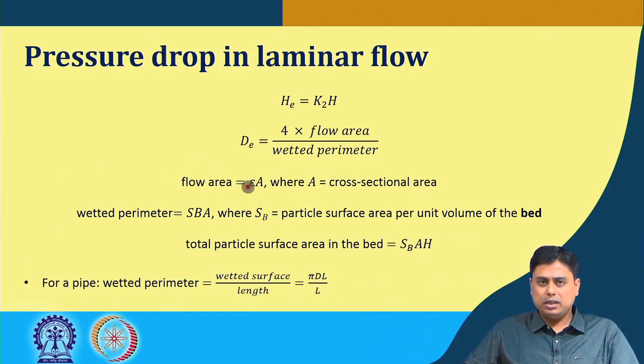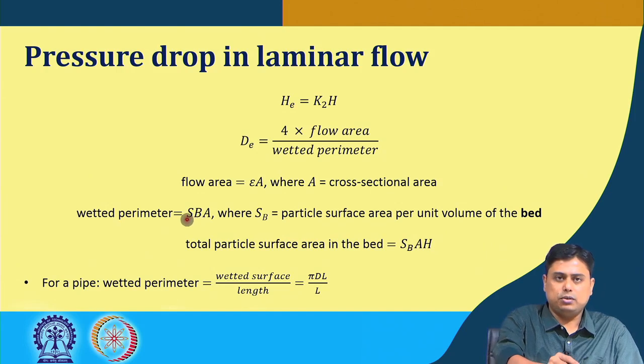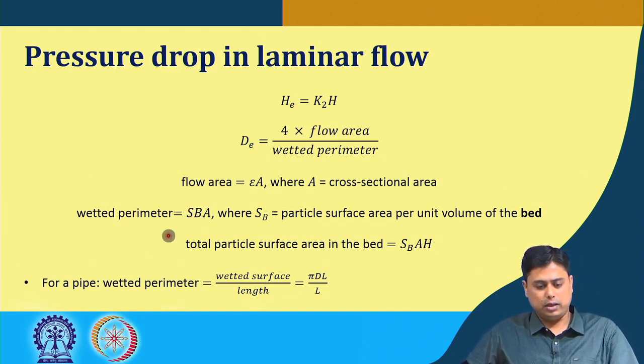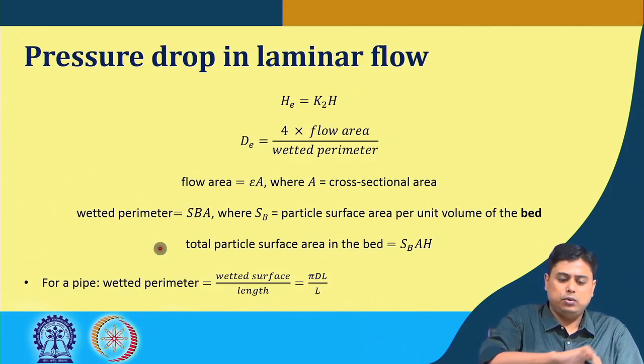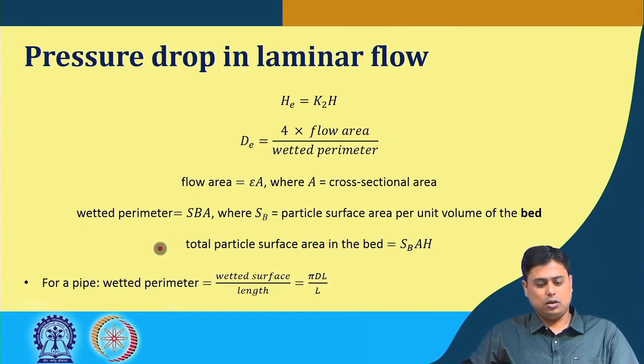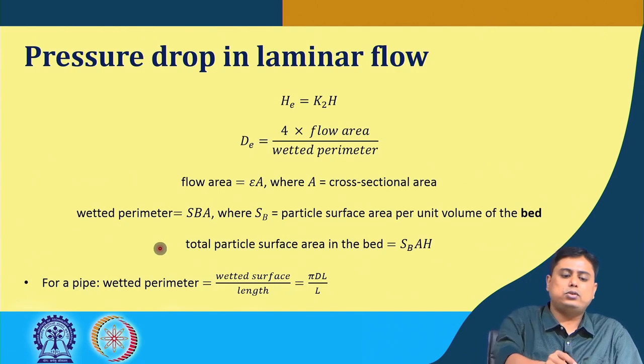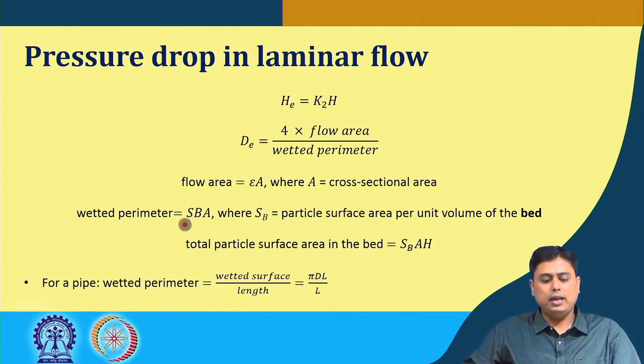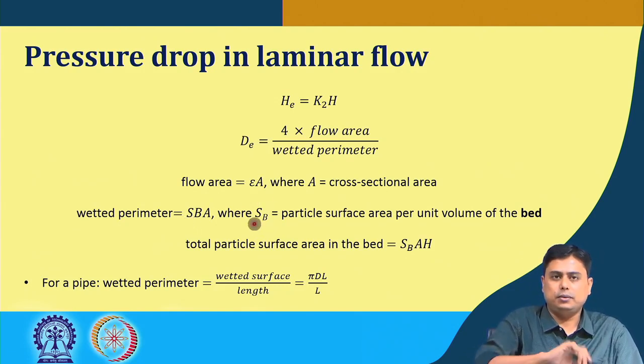The wetted perimeter is S subscript B. This B would come at the bottom due to something here that is not showing properly, but it is actually S B, like it is written here.